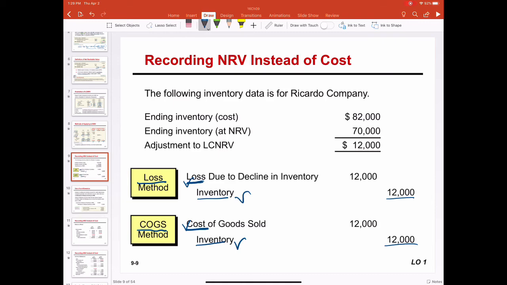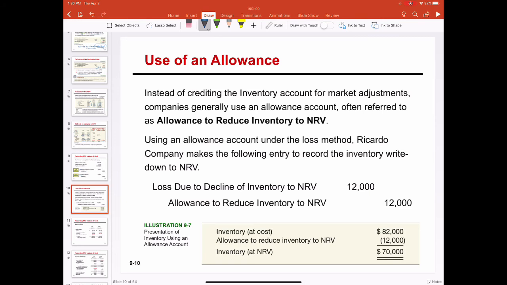Instead of writing down the value of inventory directly, we can set a control account of inventory, which is called allowance to reduce inventory to NRV. Rather than credit inventory directly, we can credit the control account of inventory, allowance to reduce inventory to NRV.